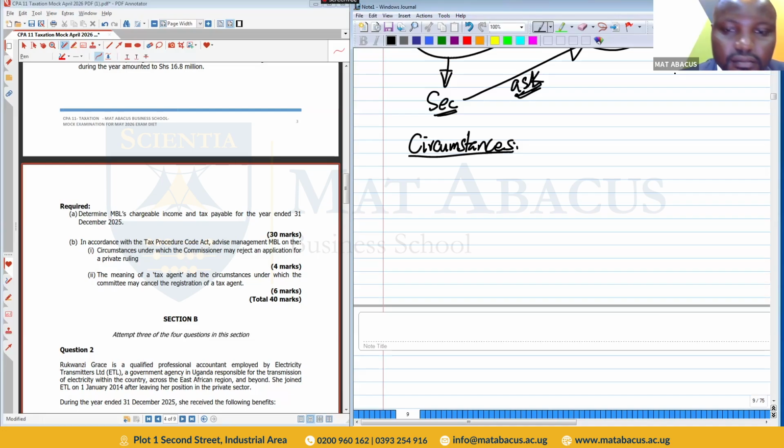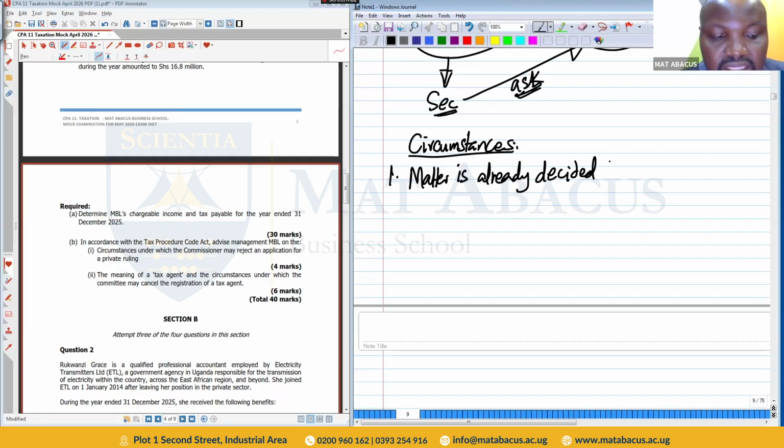One, when the matter is already decided in a tax assessment. When the Commissioner General has issued a tax assessment to you, that is his communication, that is his decision.